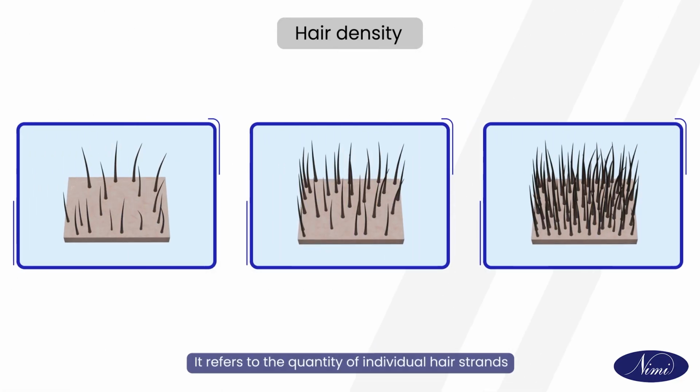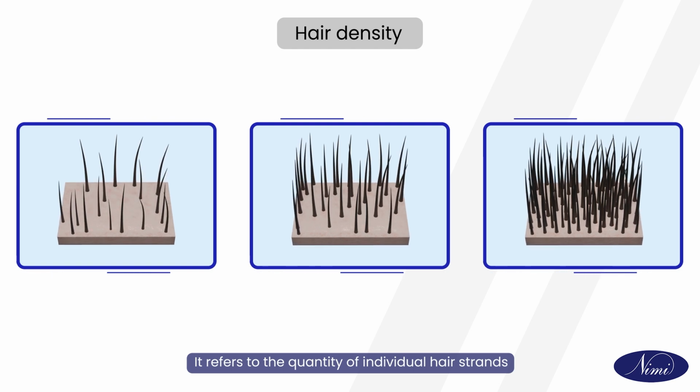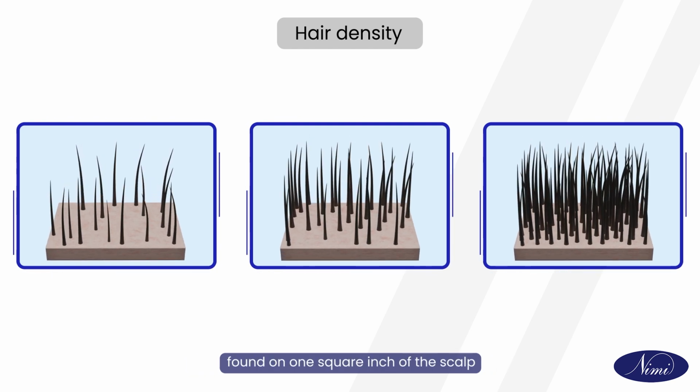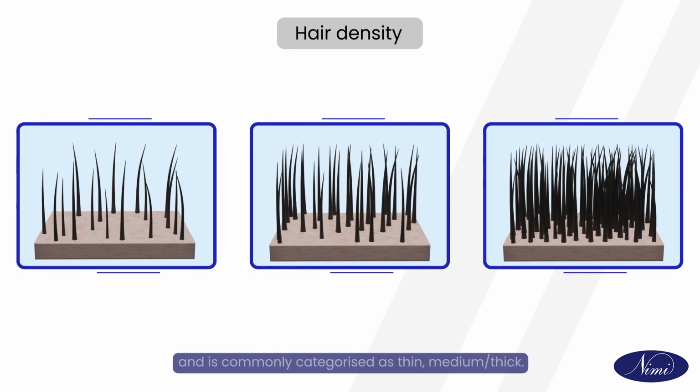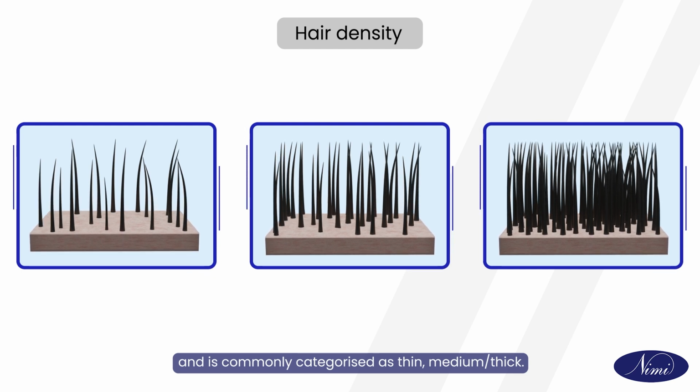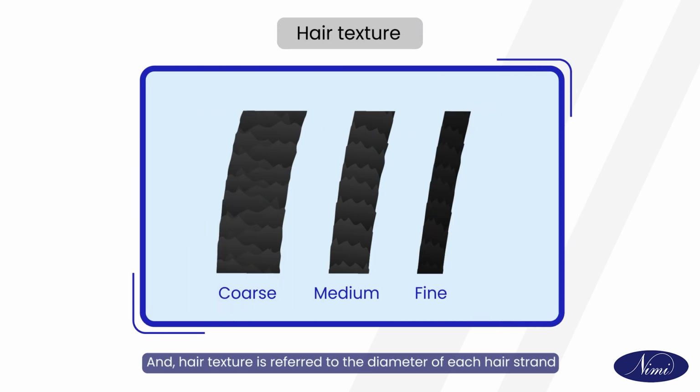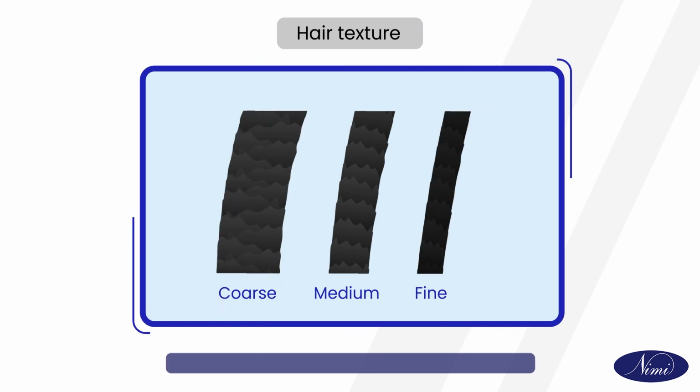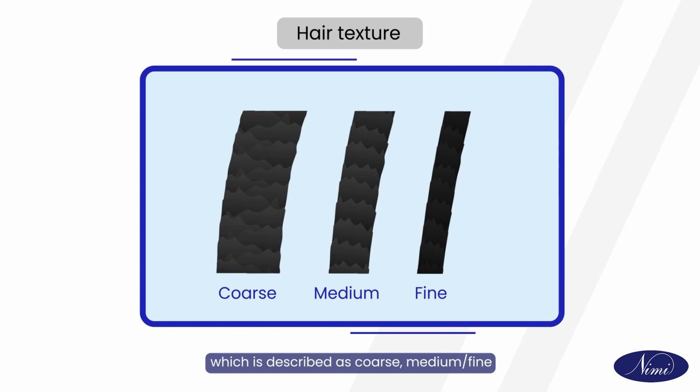It refers to the quantity of individual hair strands found on 1 square inch of the scalp and is commonly categorized as thin, medium, or thick. And hair texture is referred to the diameter of each hair strand, which is described as coarse, medium, or fine.